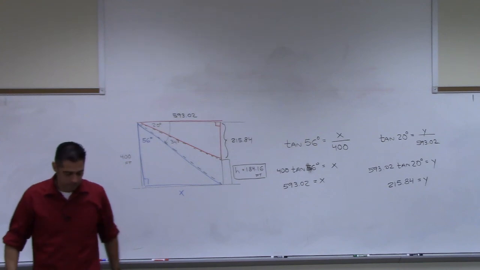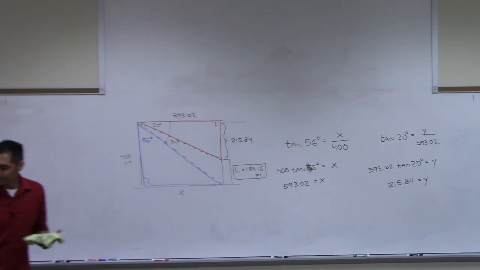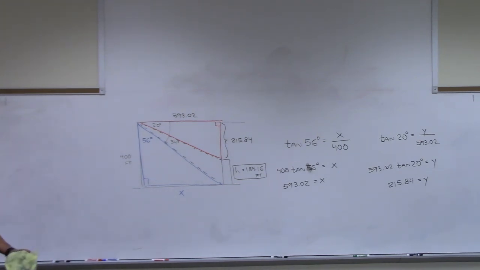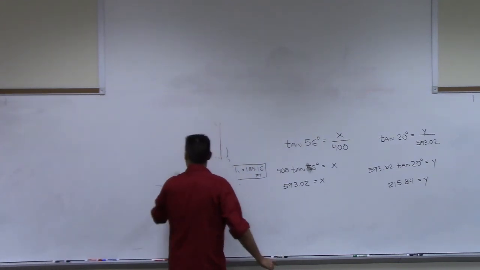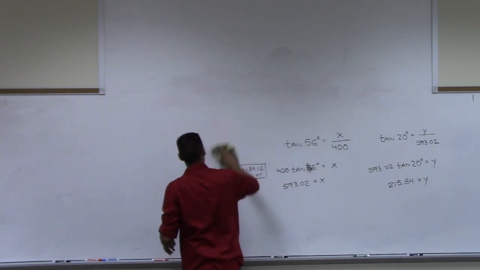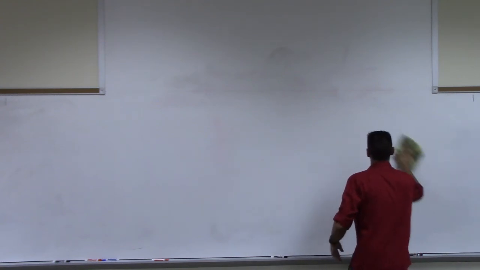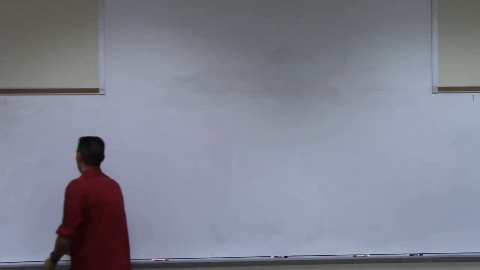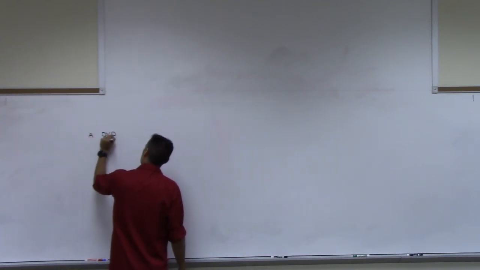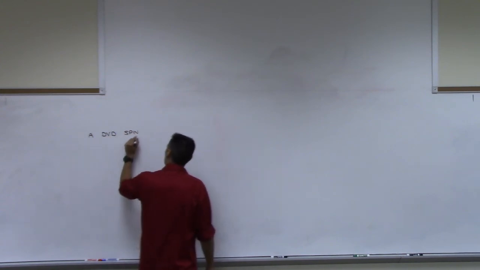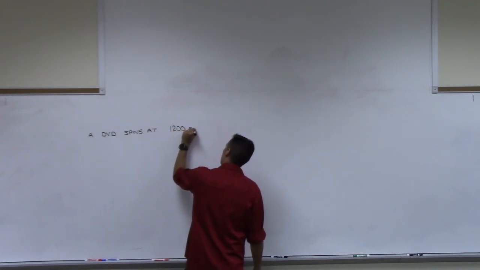What about like angular speed and linear speed? Okay. You see something like that? A DVD spins at 1200 RPM.